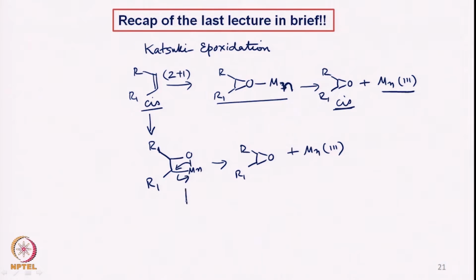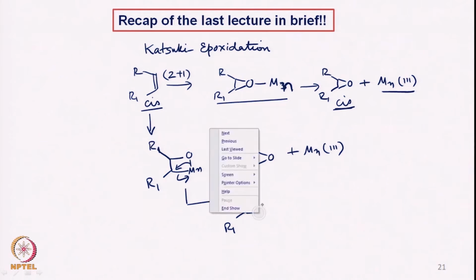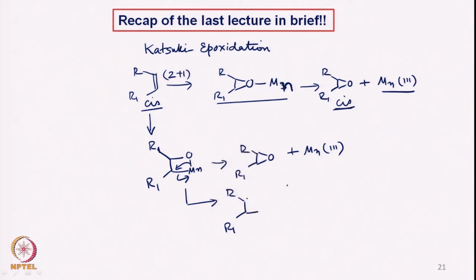But this was also expected to form a sort of radical in some way or the other, so there is a possibility of a radical formation here, and then there is a rotation, and that can allow the epoxidation eventually to form in this way, so that some amount of trans epoxide is formed.